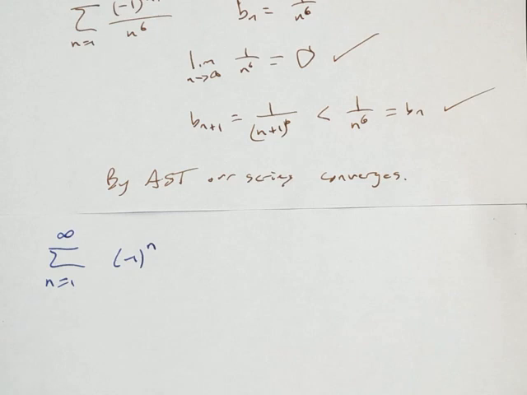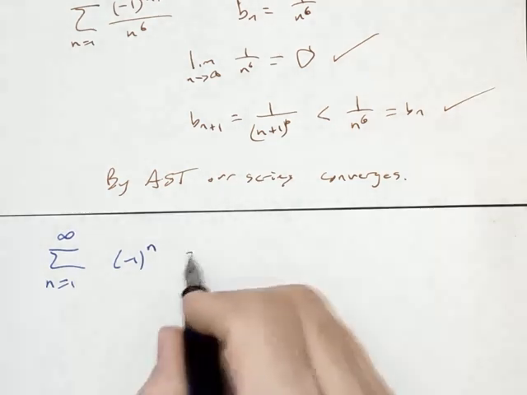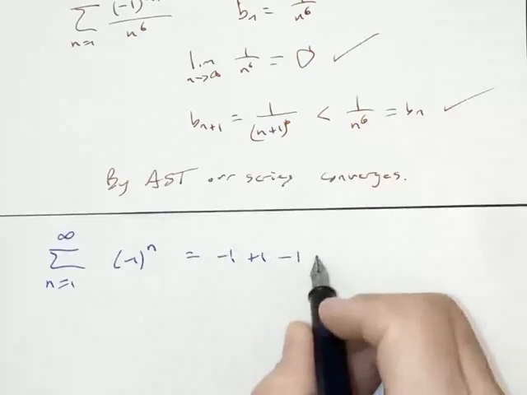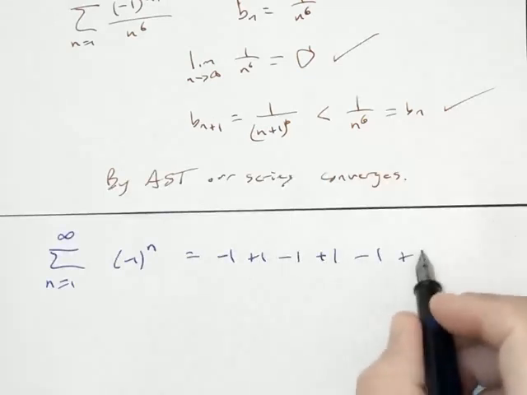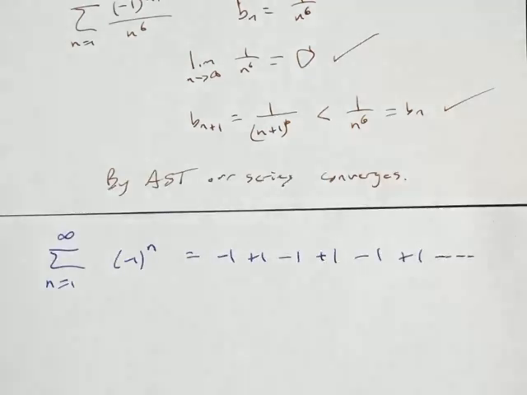Now, if you think about it, this series goes minus 1 plus 1 minus 1 plus 1 minus 1 plus 1, and so on forever. What happens? Well, it fails the alternating series test because the limit as n goes to infinity of Bn is 1.